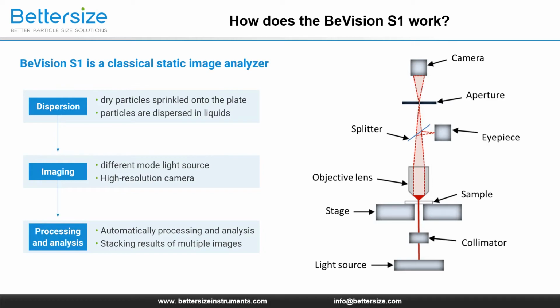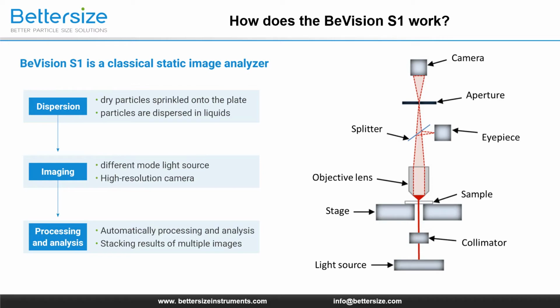As a classical static image analyzer, the working process of the Vision S1 includes three steps: dispersion, imaging, and processing and analysis of the image. The dispersion is to disperse particles apart and prevent the particles from attaching.